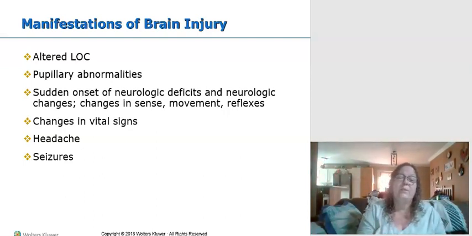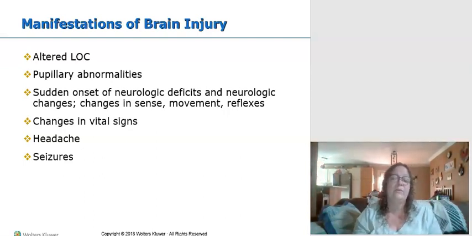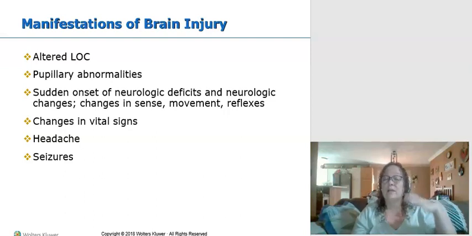So when we talk about assessing for intracerebral pressure and changes in vital signs, we're looking for potential changes that may indicate increasing intracerebral pressure. These include slowing of the heart rate, bradycardia, increasing systolic blood pressure, and widening pulse pressure, your Cushing's triad.